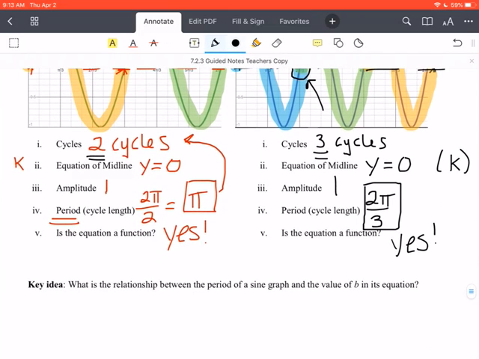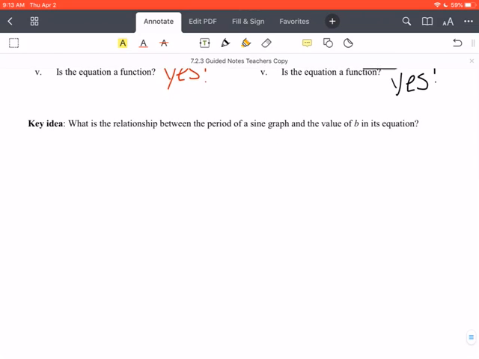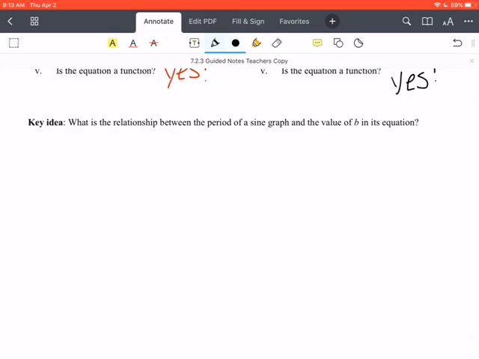Okay, so let's pull everything together with the key idea that we saw yesterday, but hopefully you're catching on. It's very important, so we're going to see it again today. What is the relationship between the period of a sine graph and the value of b in the equation? All 4 of those functions, we were looking simply at y equals the sine of bx.